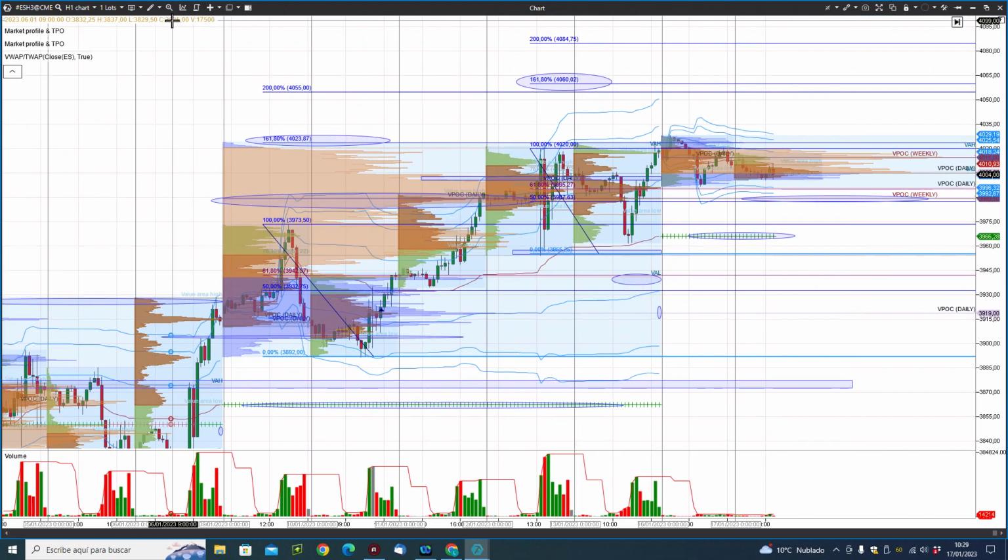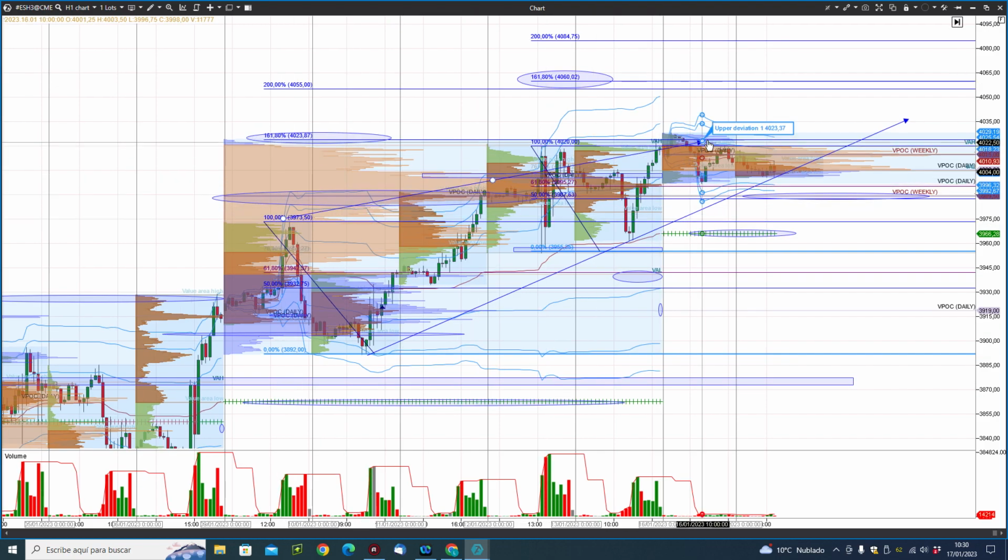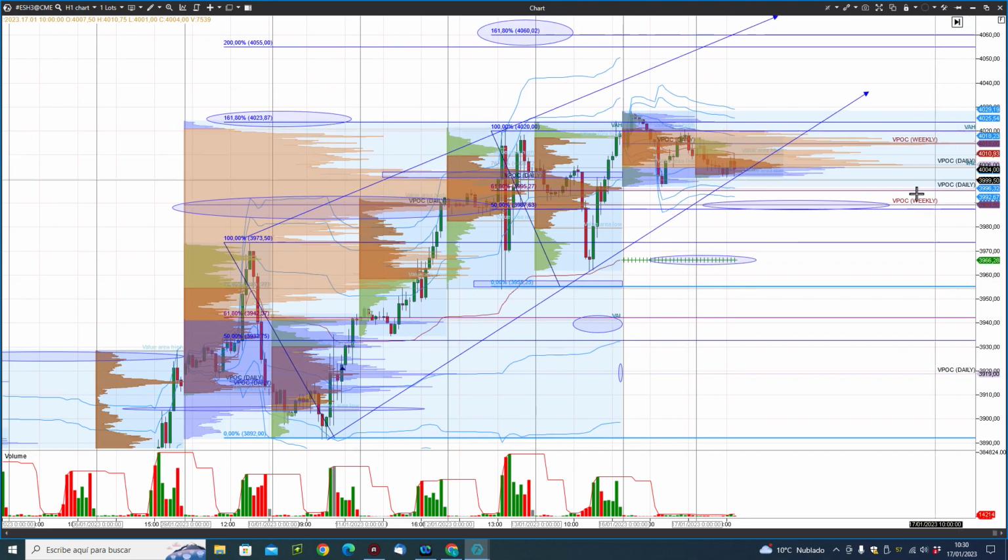Okay, let's see what happens with S&P. S&P, we can see the same wedge structure, and if it breaks, the first target is very clear, a naked weekly VPOC, and in second place it will be the final of the weekly VWAP, in this case 39.66.